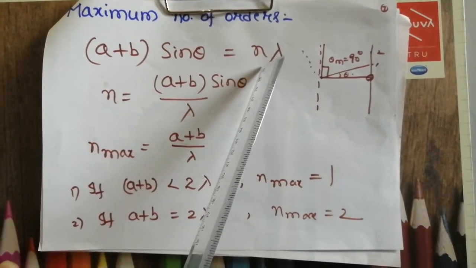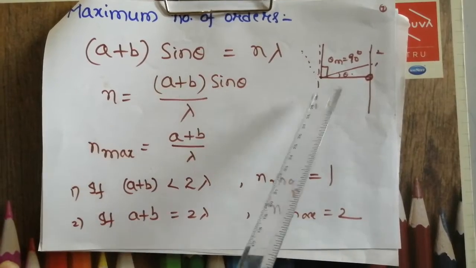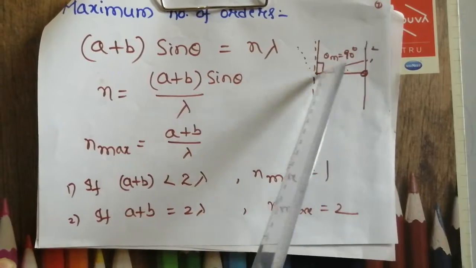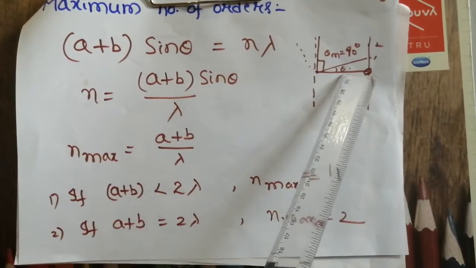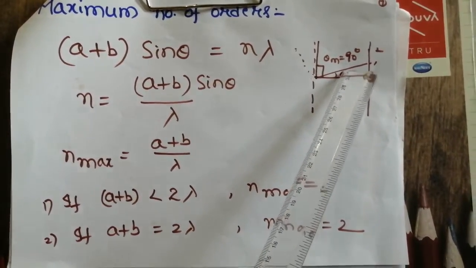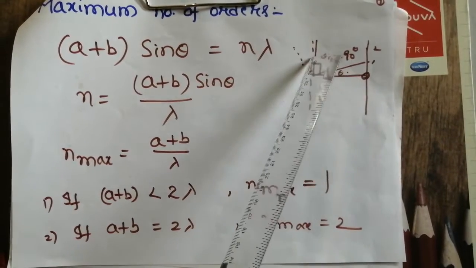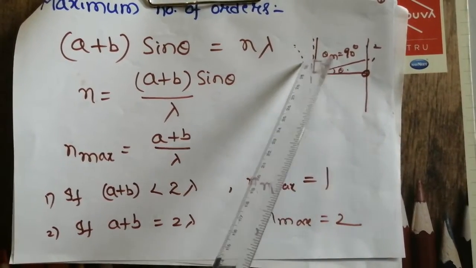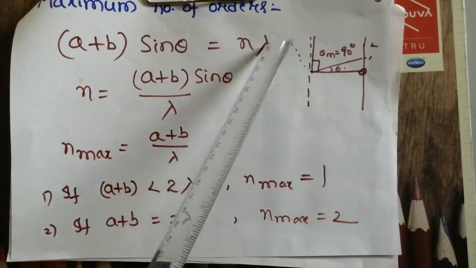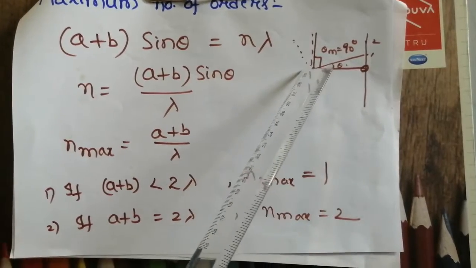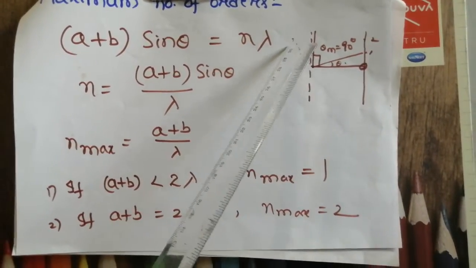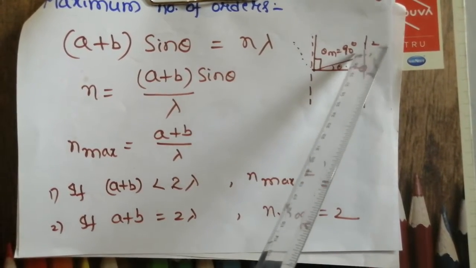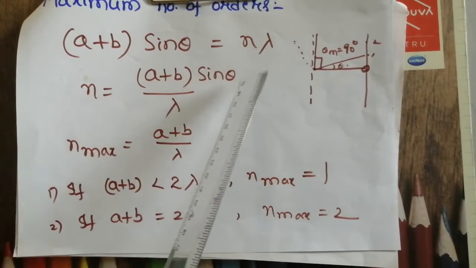So for n maximum, theta should be maximum. What will be the theta maximum value? See the picture here, theta is the diffraction angle. If you increase theta, you can increase it up to this, that means theta maximum equal to 90 degrees. If you increase theta beyond that, the light reflects back without diffraction. So the maximum angle for diffraction is 90 degrees. So sin 90 equal to 1.